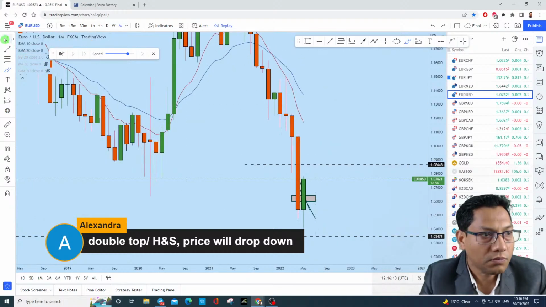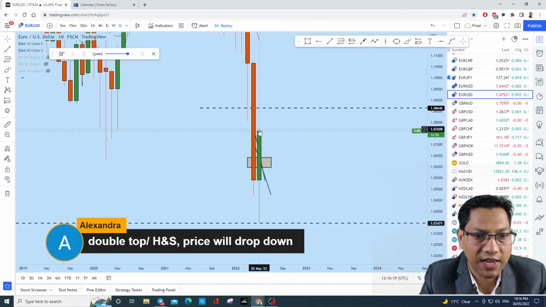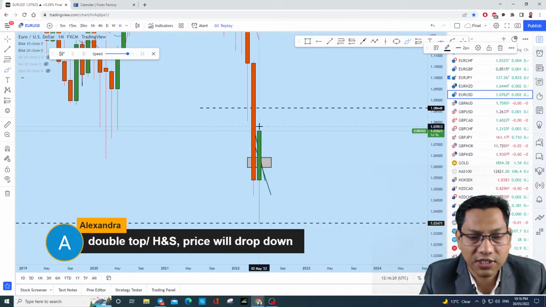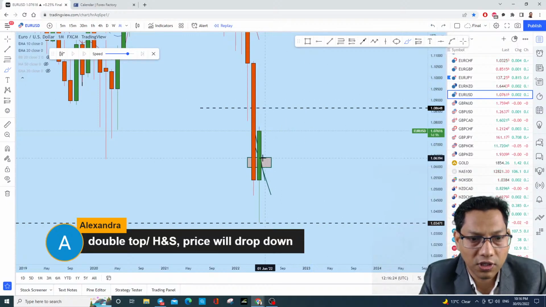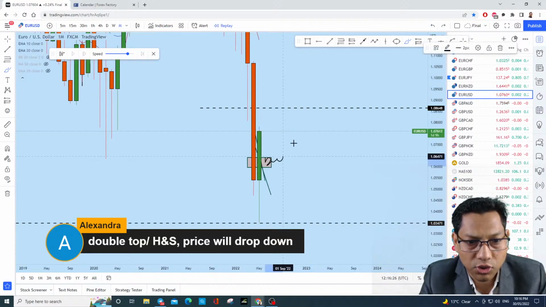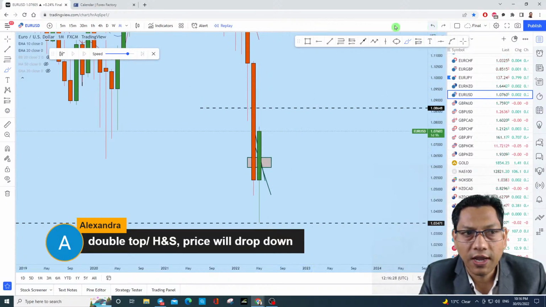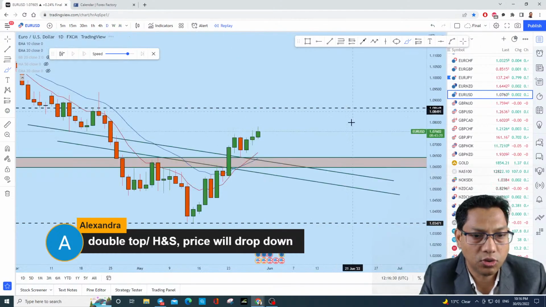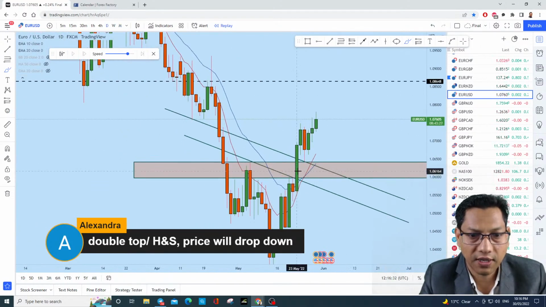So my concern is if I see the price coming down again, it turns into a bullish market. So I will be waiting for the price to come to this zone and see what it is doing. I think that's what it will do. Maybe there is a probability that the price will come back to this imbalance zone.